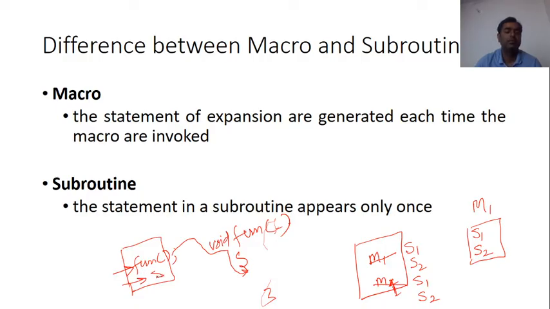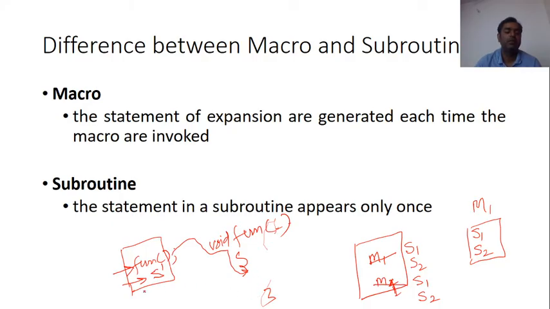Suppose that statement is S prime. When you get this function call statement, your control will go from this call to the definition of the function and return to the next statement, that is S prime.